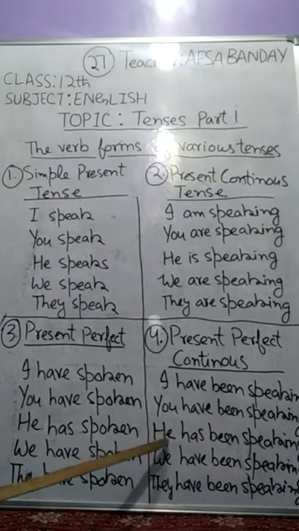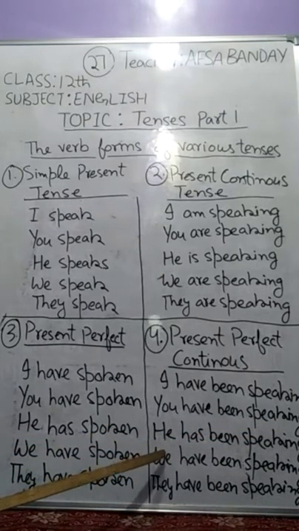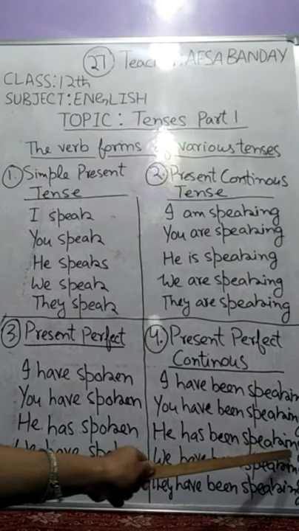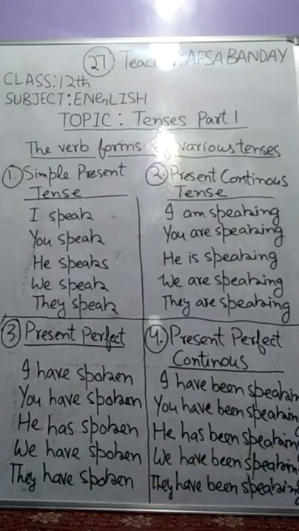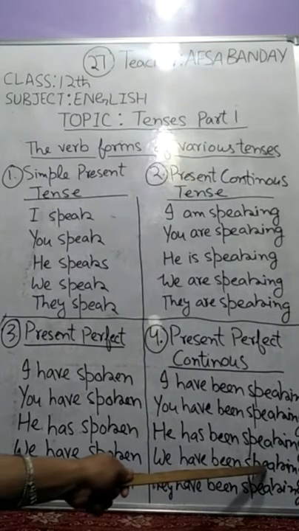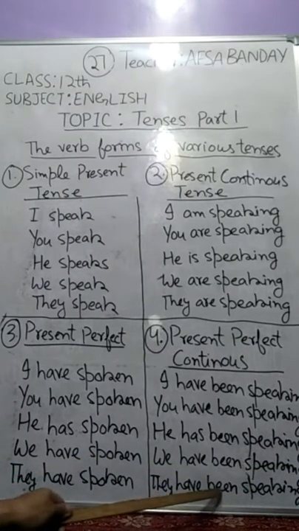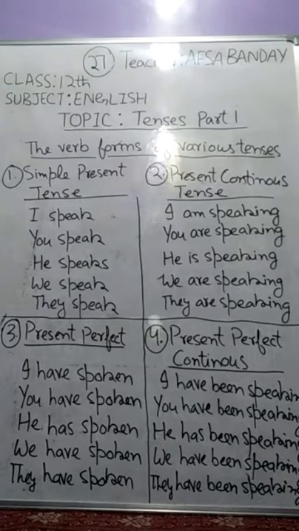With he, she or it, the third person singular pronoun, we use has been plus the verb in its ing form, or what we also call the present participle form. With we we use have been speaking, and with they we say they have been speaking.